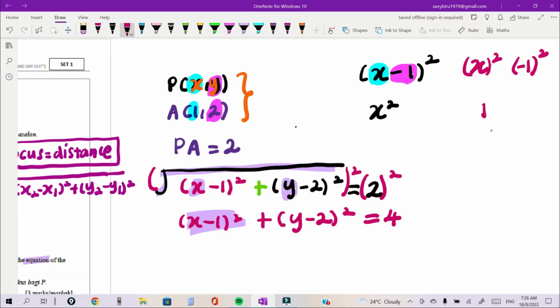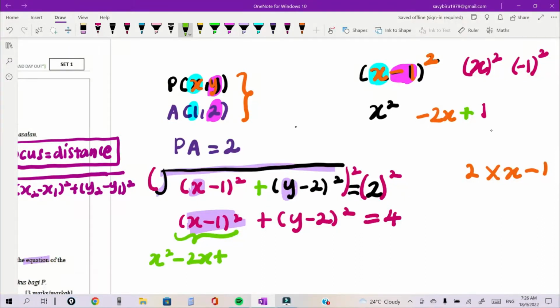And then you take 2 times x times negative 1. So it becomes negative 2x. Here there is no symbol, meaning that it is plus. So the expansion of x minus 1 squared is x squared minus 2x plus 1, plus.